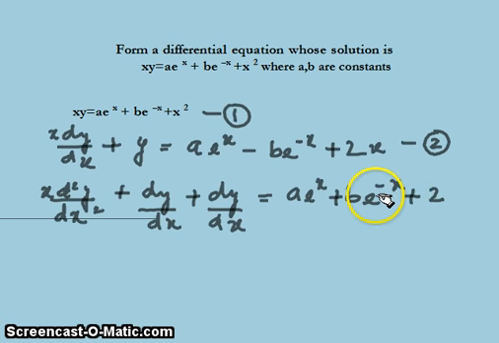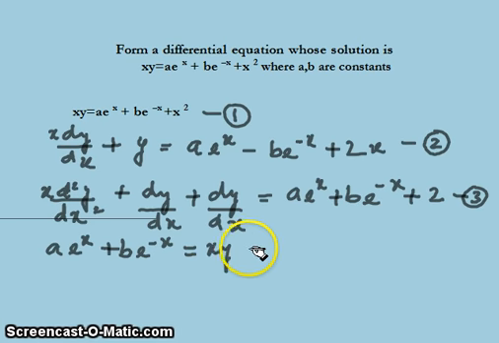Now eliminating a and b from equations number 1, 2 and 3, we have a e power x plus b e power minus x equal to xy minus x square.